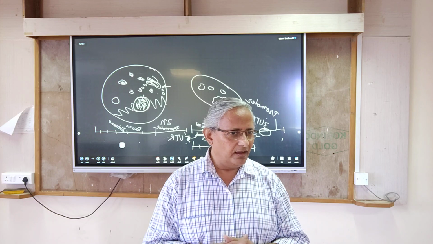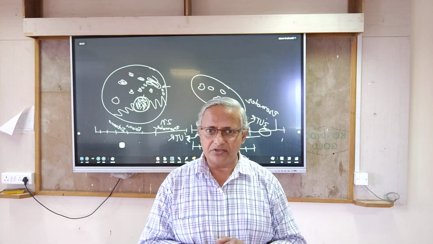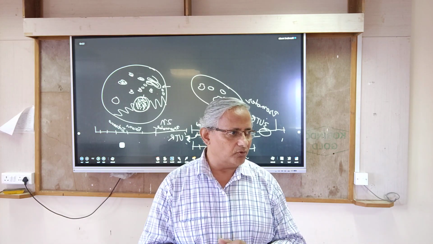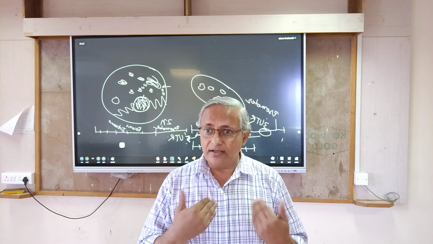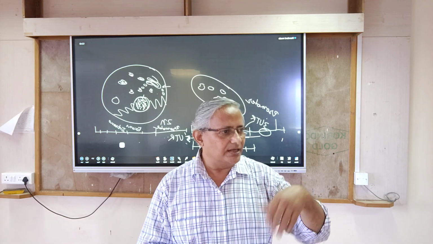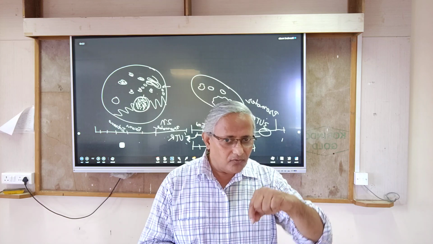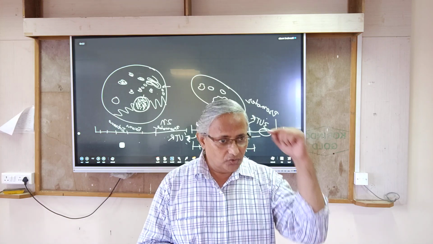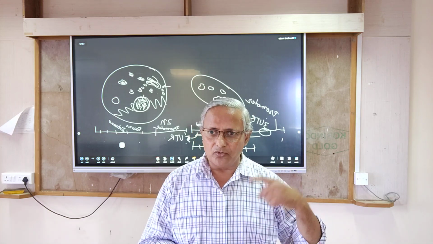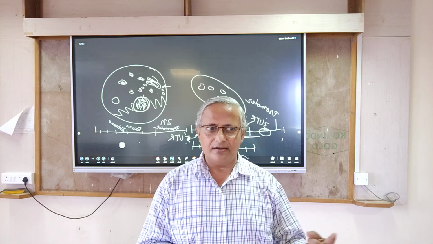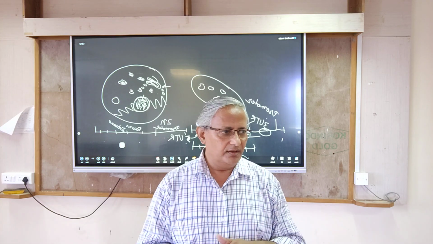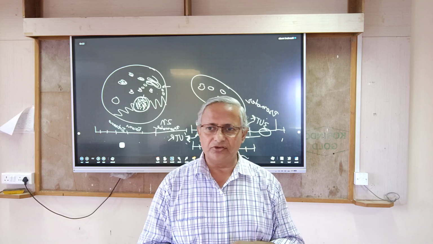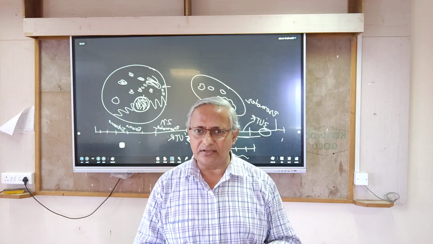Understood? I think these are very clear differences between eukaryotes and prokaryotes, and you have an understanding of that, not just a list. Try to understand what does that. When you understand that, you will be able to understand more clearly and more efficiently. Then you don't have to mug up things.